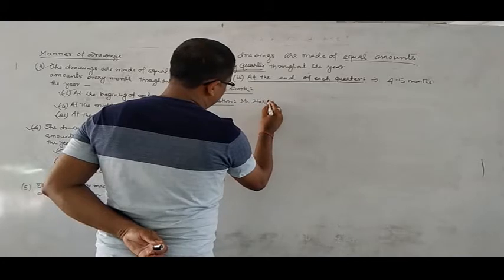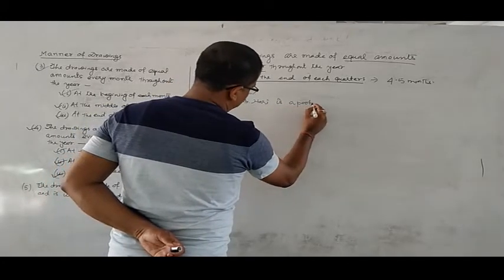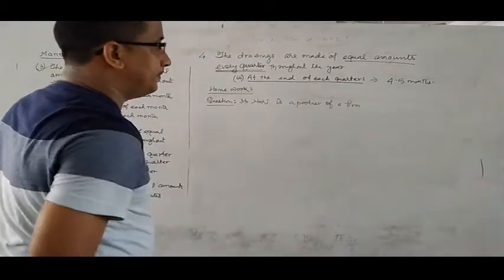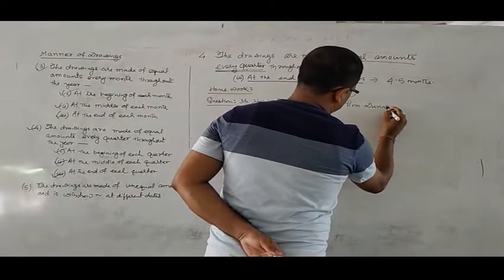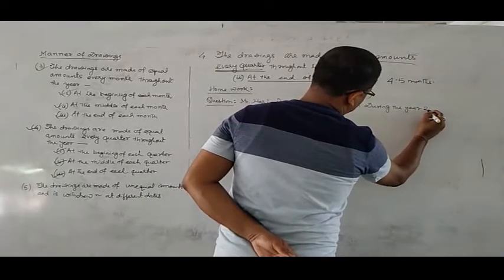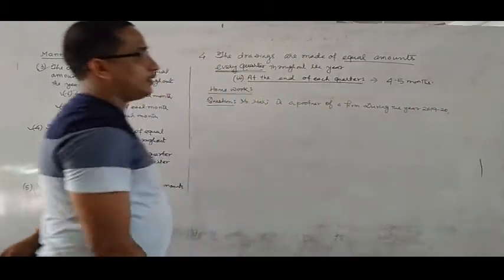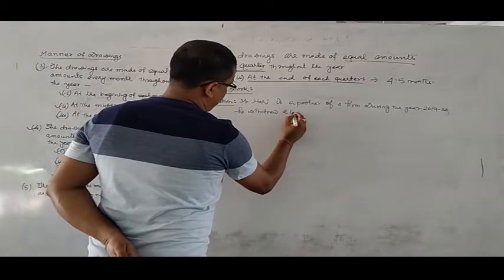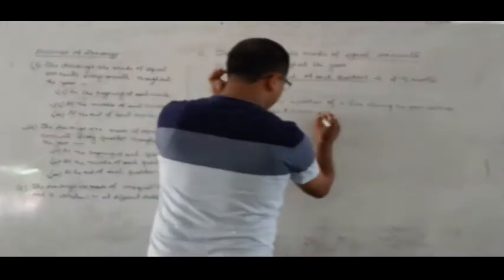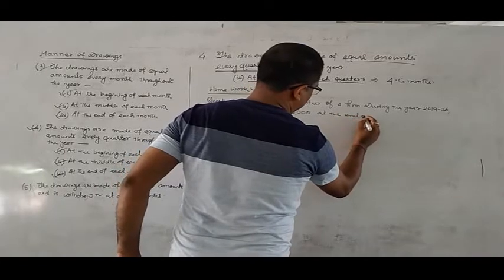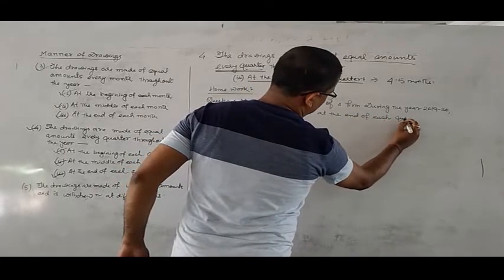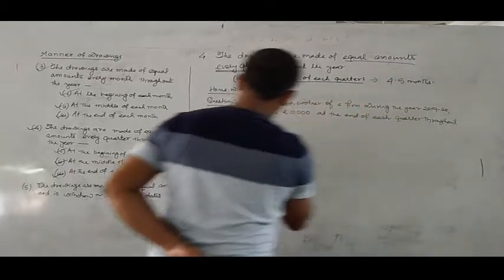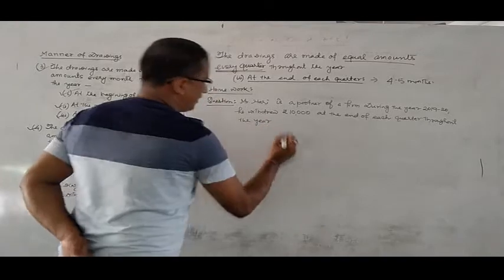Mr. Hari is a partner of a firm. During the year 1920, he withdrew rupees 10,000 at the end of each quarter throughout the year.